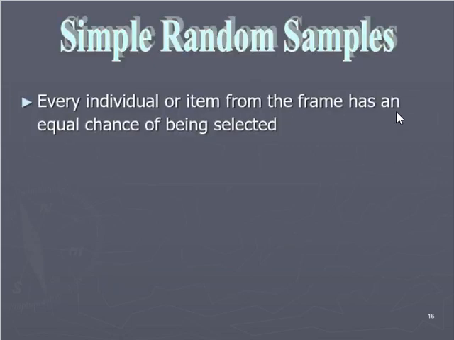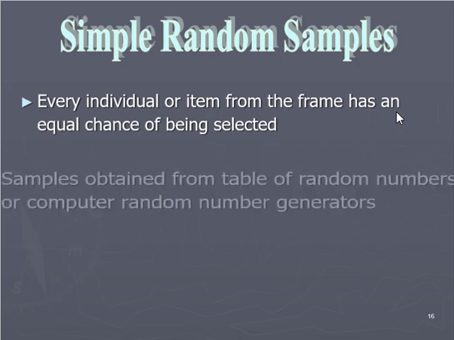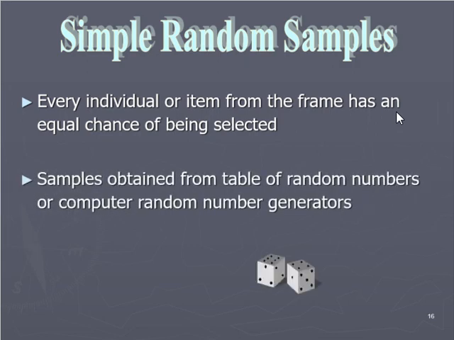Under simple random samples, every individual or item from the frame has an equal chance of being selected. Here, samples are obtained, let's say, from a table of random numbers or computer random number generators.